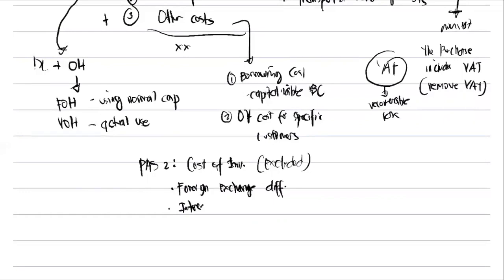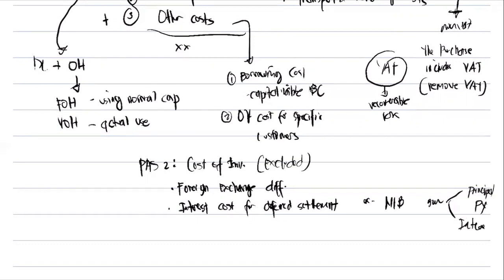Interest costs for deferred settlement. In case there is an interest cost on the portion of your deferred settlement, we remove it. So, sir, when can we say that there is an interest cost for deferred settlement? For example, you provide a non-interest bearing note. If the note is 3 million, of course, a portion only pertains to the principal, which is the present value, and a portion pertains to the interest.